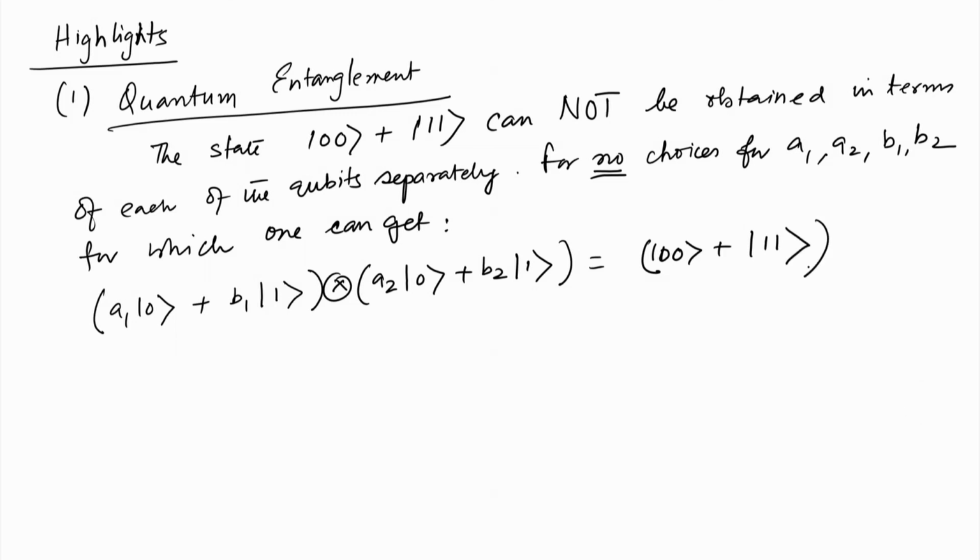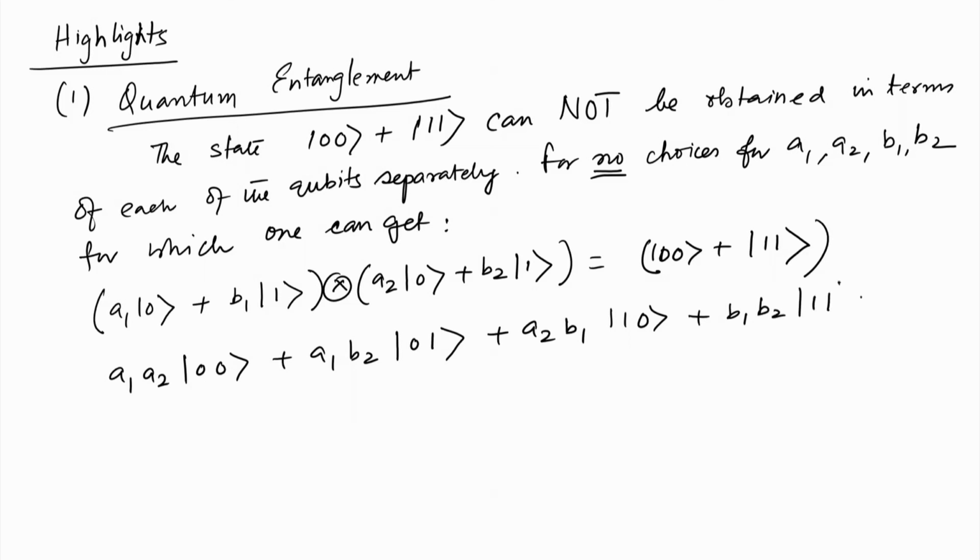And the reason is very simple, because if you multiply, it will become A1 A2 00 plus A1 B2 01 plus A2 B1 10 plus B1 B2 11.